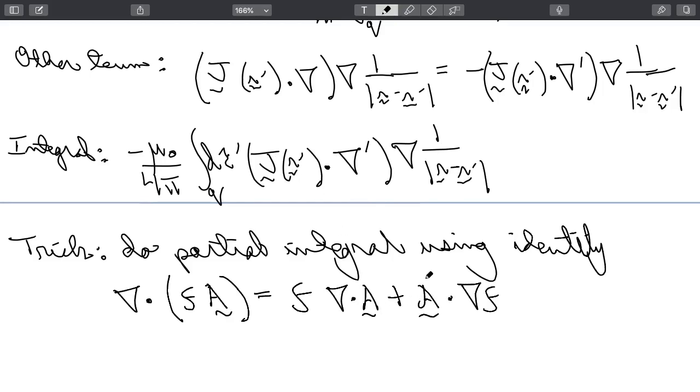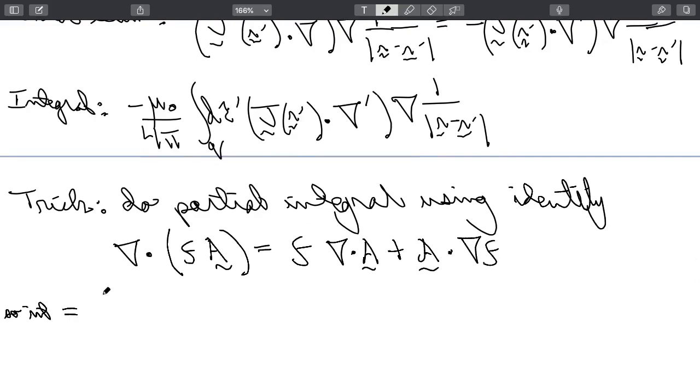And now what I do is I say the integral of this thing here is equal to the integral of this minus the integral of this. Okay? So the integral is equal to now minus mu 0 over 4 pi.